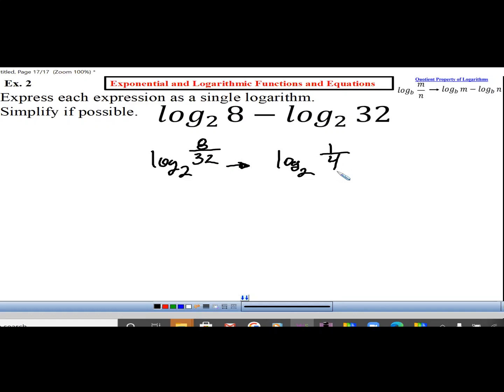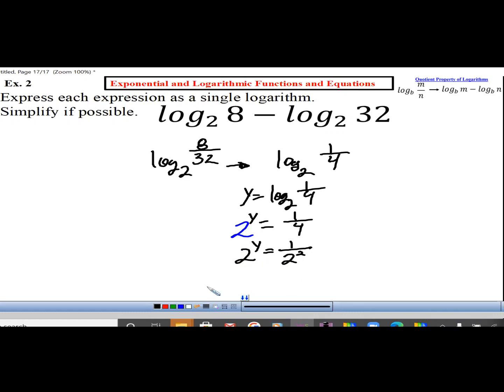Okay, so let's continue. y equals log base 2 of 1/4. Base is 2, exponent is y, and the number is 1/4. What's another way of writing 4 in base 2? 2 to the second power equals 2 to the y.